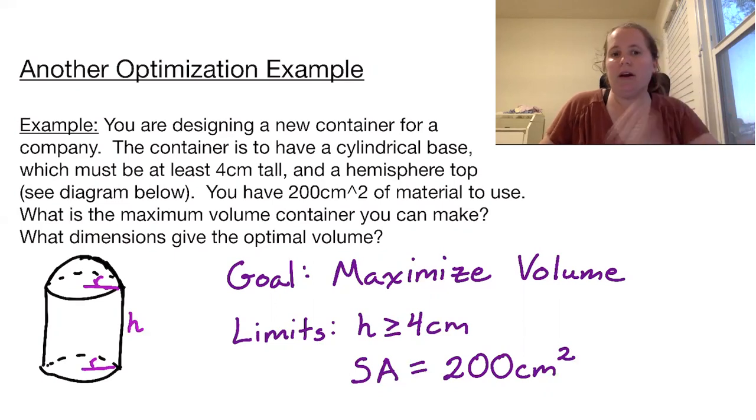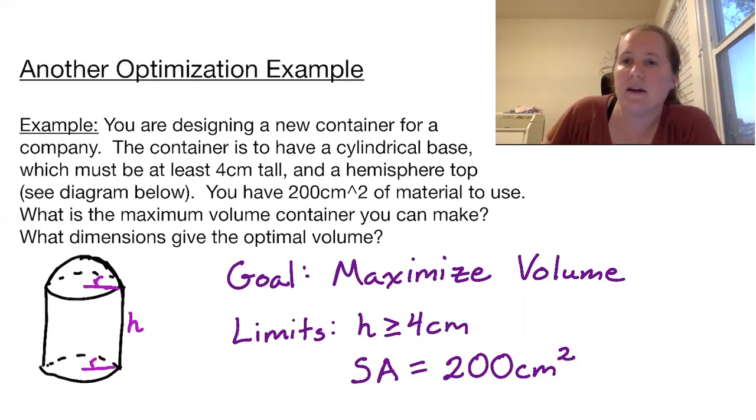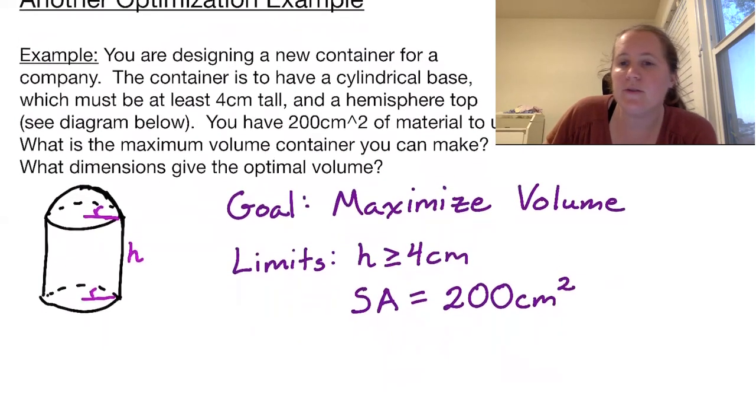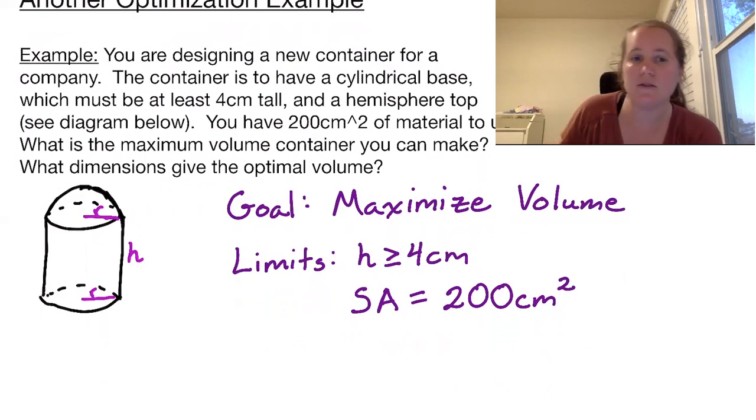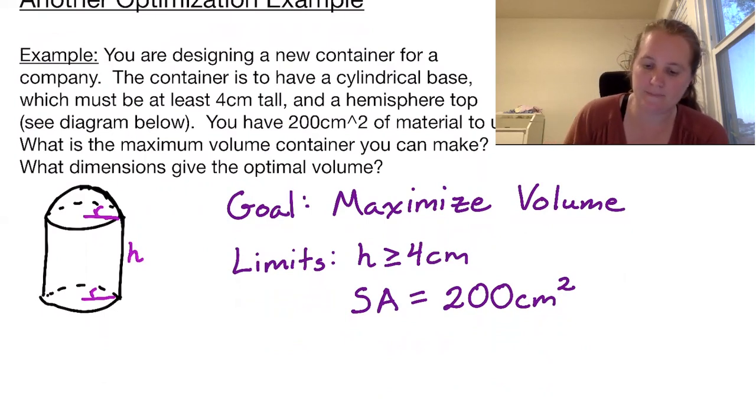So with our height and radius, we can go ahead and create a formula for the volume. We can also create a formula for the surface area, and we can figure out what those limits correspond to, either in height or in terms of the radius.